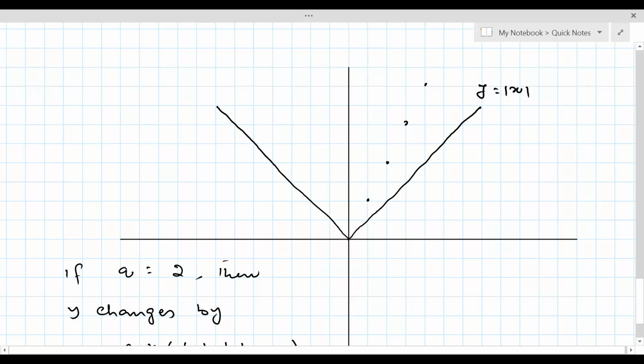So this is the new shape, and same thing we can do on the left side. 1 step left, 2 steps up. 1, 2. 1, 2, 1 and 2. So now we can draw the line through these points. And this is the new graph.